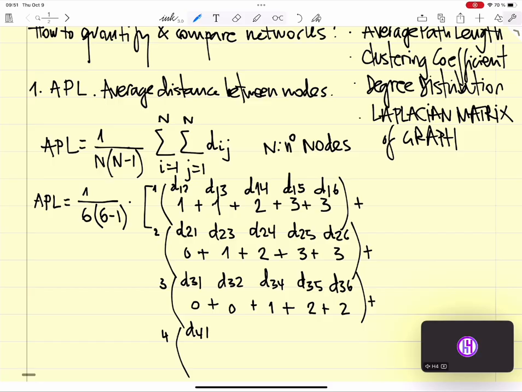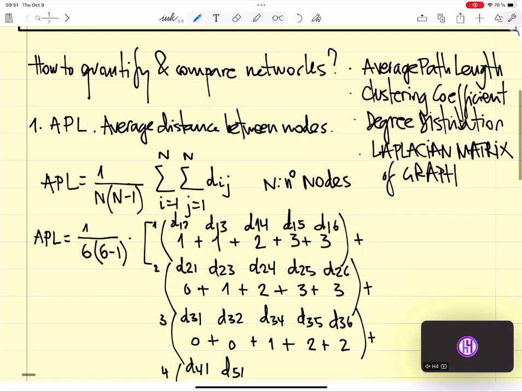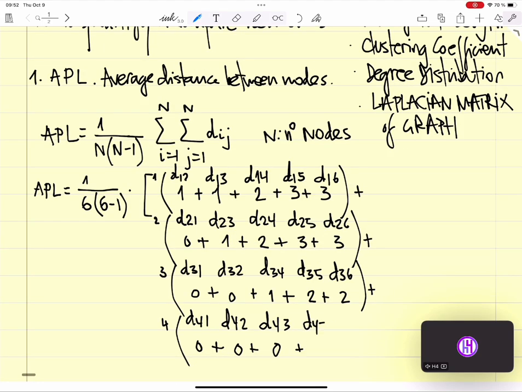Distance between 4 and 1, 0. 4 and 2, 0. 4 and 3, 0. 4 and 5, 1. 4 and 6, 1.